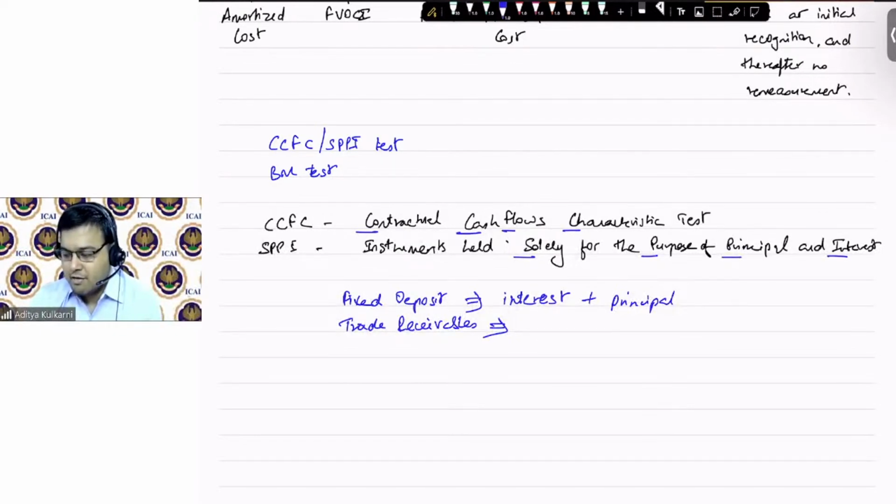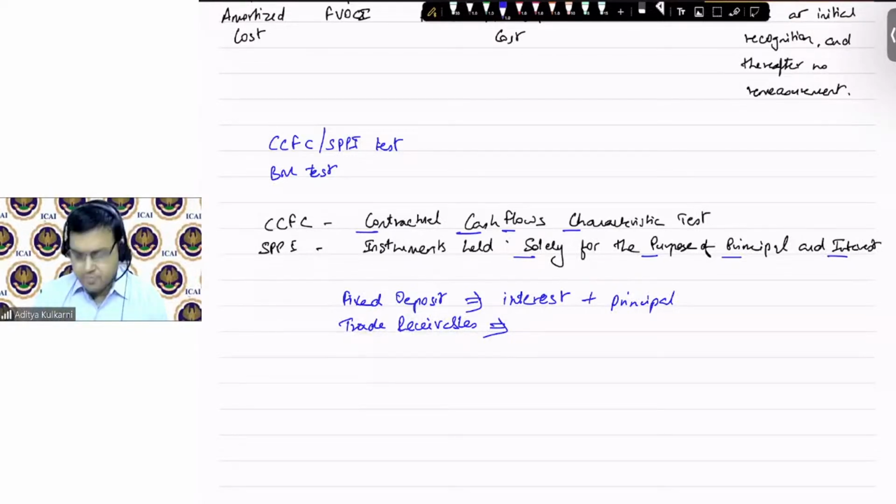So when you look at the terms solely for the purpose of principal and interest, don't bring in your mind the fact that ये कोई deposit है, इस deposit पे मुझे interest मिलेगा. Don't approach with that mindset. Approach with the mindset that what are the features of this instrument?